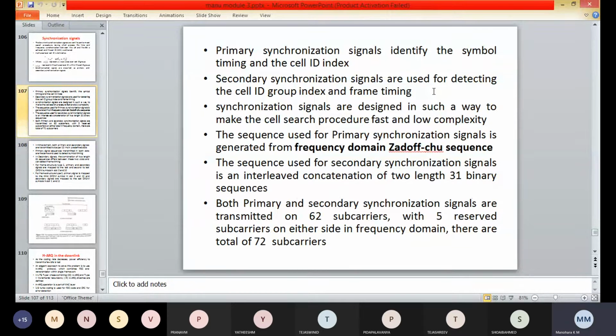In the primary synchronization signals, the signals identify the symbol timing and the cell ID index, that is NID2. The secondary synchronization signals are used for detecting the cell ID group index, that is NID1, and the frame timing. The secondary synchronization signal can only be detected after detecting the primary synchronization signal.